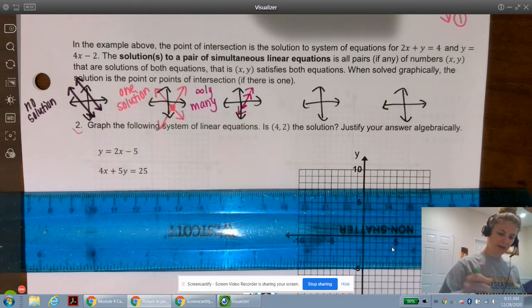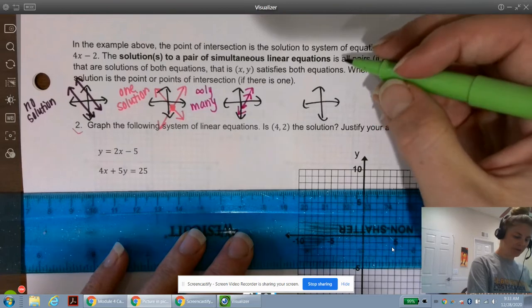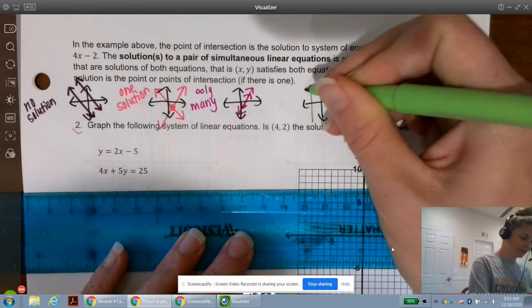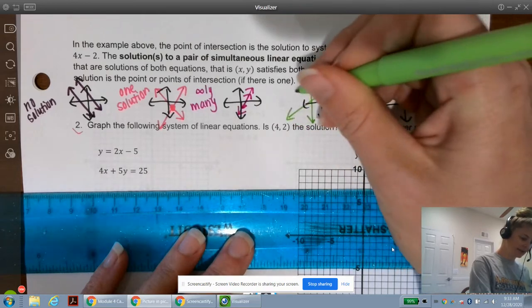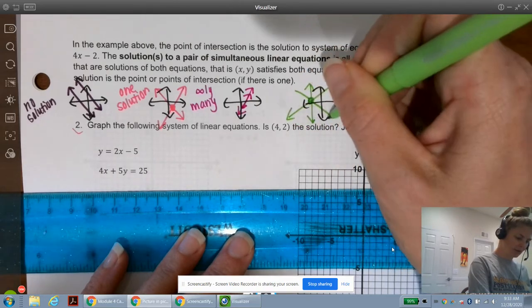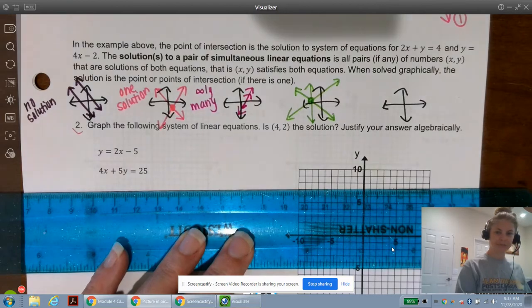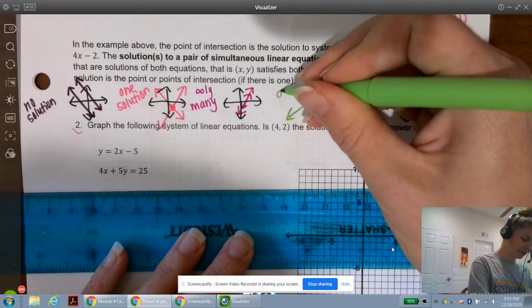Another situation is if it's more than a pair of linear equations. We could have 3, and soon we will have 3. If we have 3 lines that all have one common point of intersection, then this is still one solution.